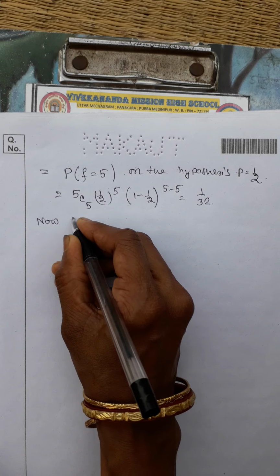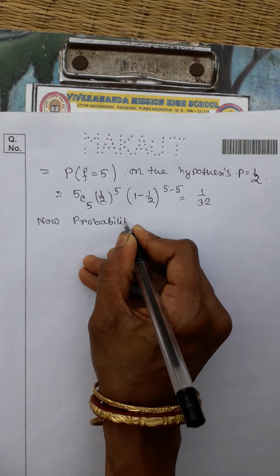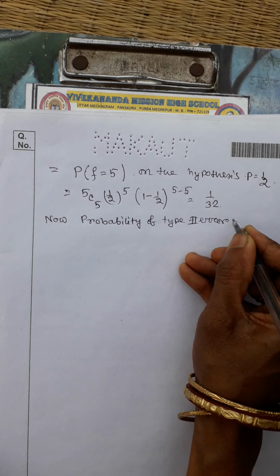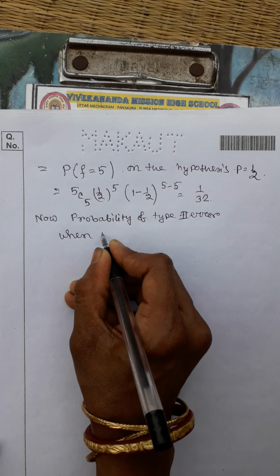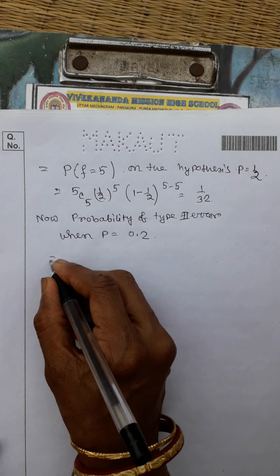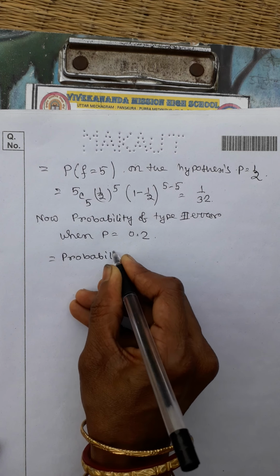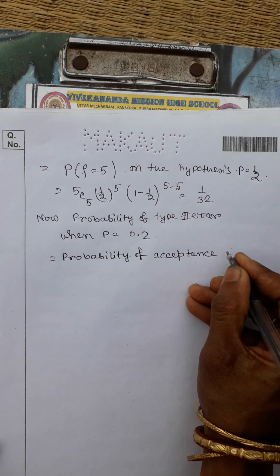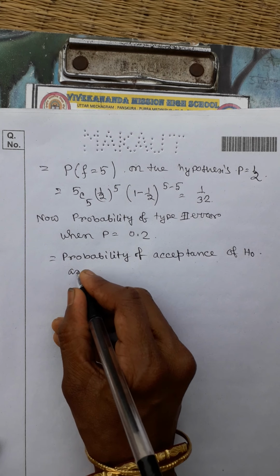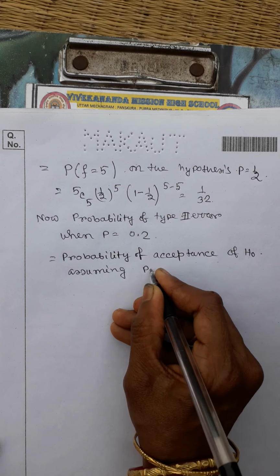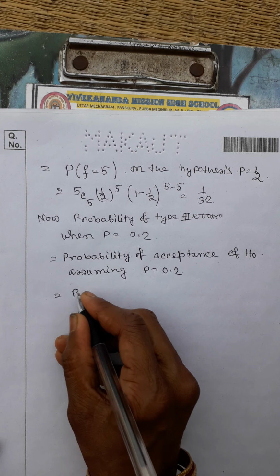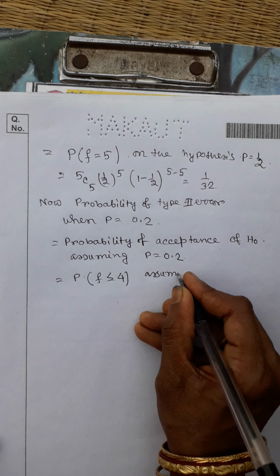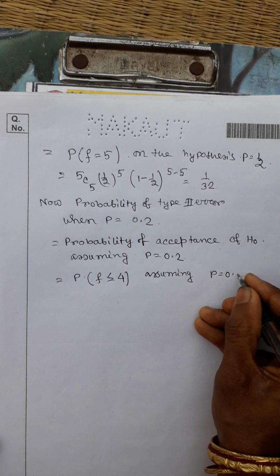Now the probability of type 2 error when P equals 0.2, that is the probability of acceptance of H0 assuming P equals 0.2, that is the probability of X less than or equal to 4, assuming P equals 0.2.